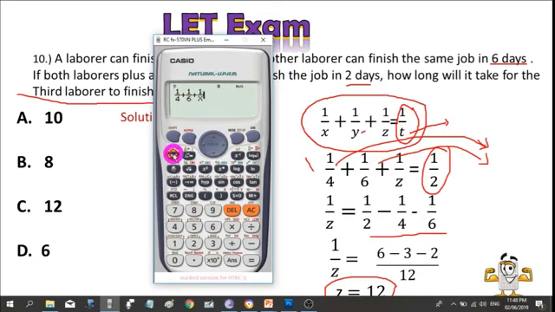So equals 1/2. So solve equals, so the answer is 12. So the same answer. So letter C.